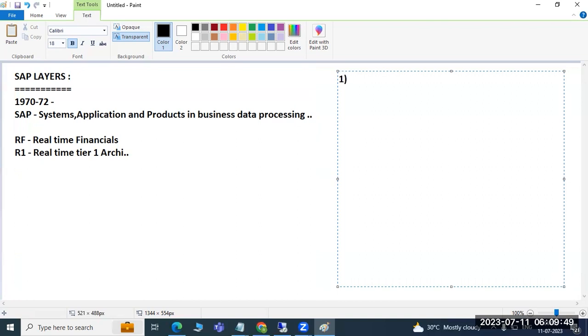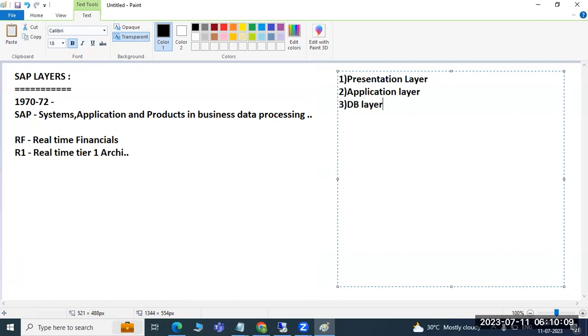One is the presentation layer, then the application layer, and the DB layer, which means database layer. SAP is a three-tier architecture.